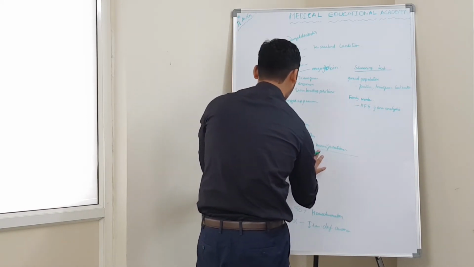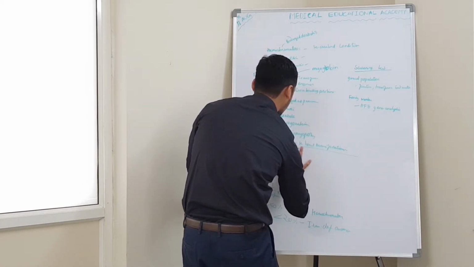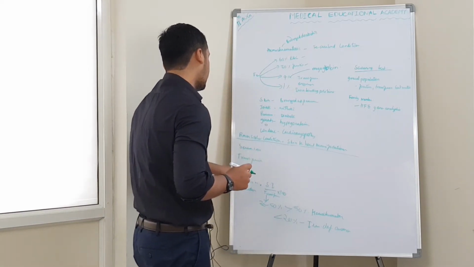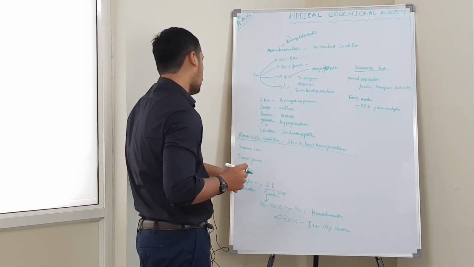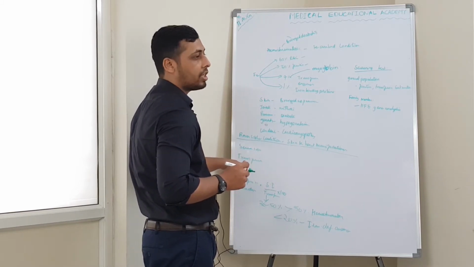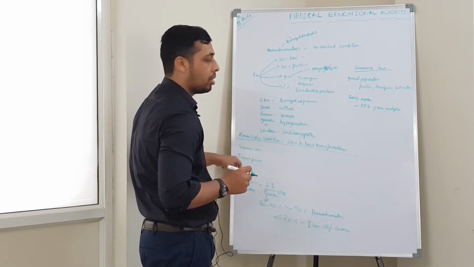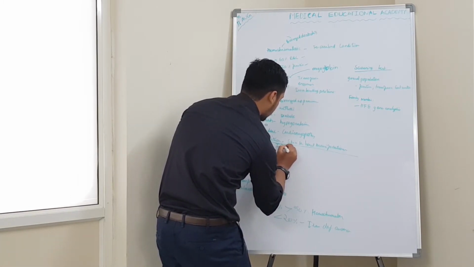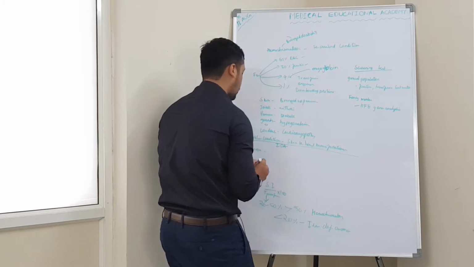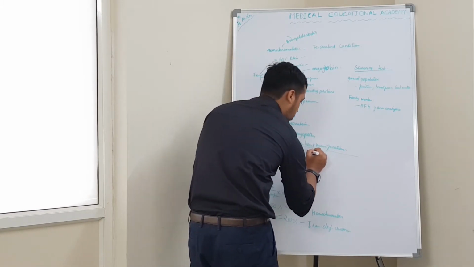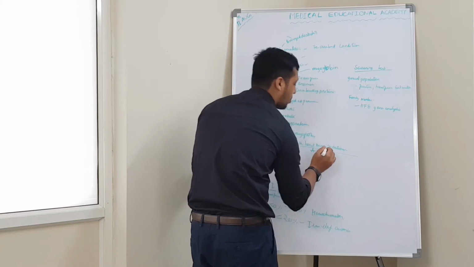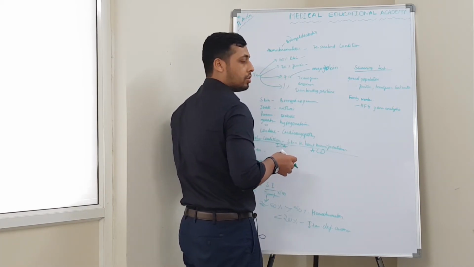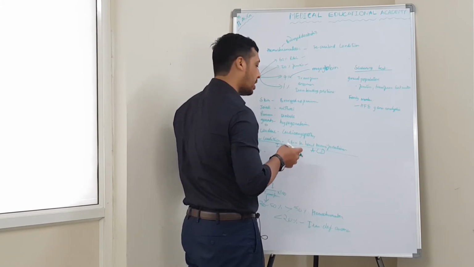So always remember, ferritin and transferrin are opposite. Say if the transferrin is elevated, ferritin would be low. So we will discuss iron deficiency anemia, and side by side anemia of chronic disease. Chronic disease could be anything: CKD, congestive heart failure, COPD, any chronic liver disease.